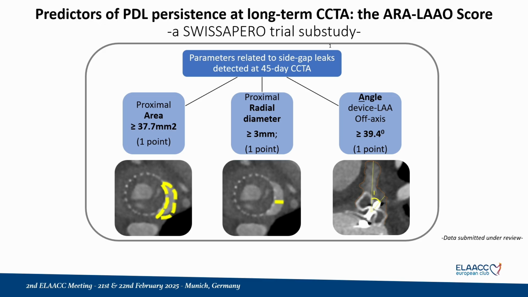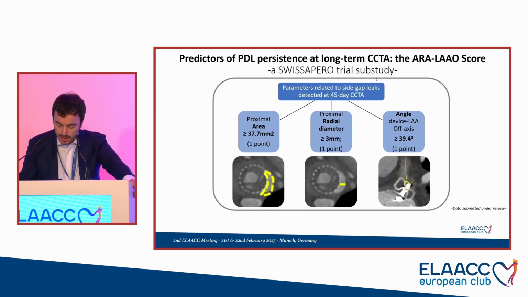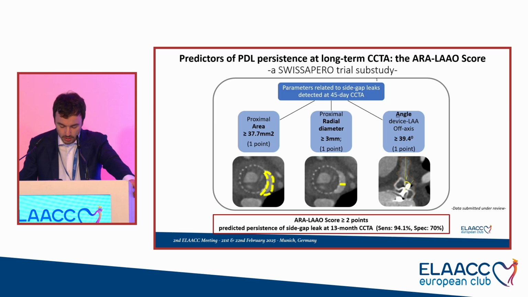We assessed the morphological characteristics of the peri-device leak at 45 days, and we observed that when 2 of these 3 criteria are satisfied, there is a higher risk of peri-device leak persistence: area greater than 37 millimeters, radial diameter more than 3 millimeters, and an angle device-LA greater than 39 degrees.